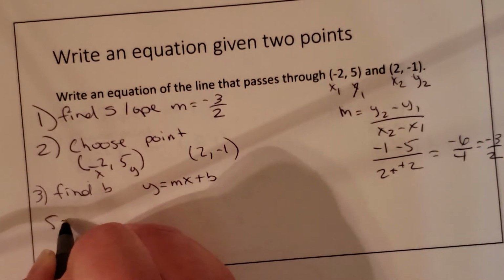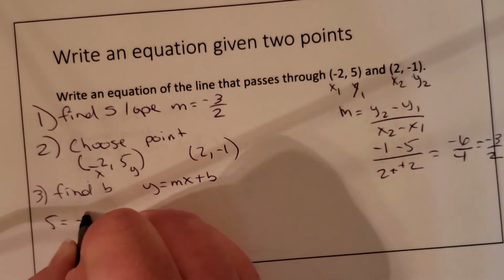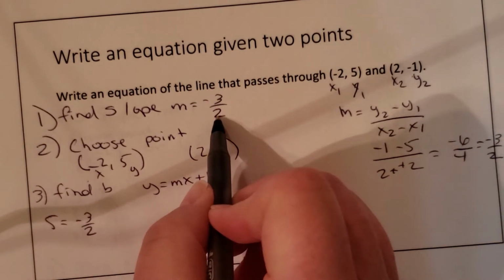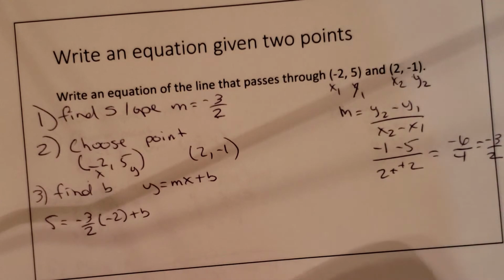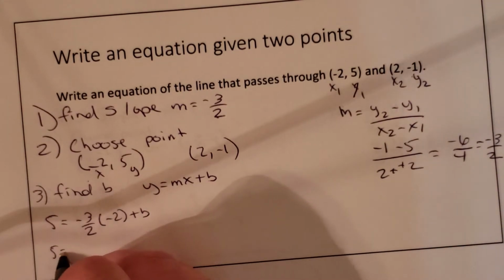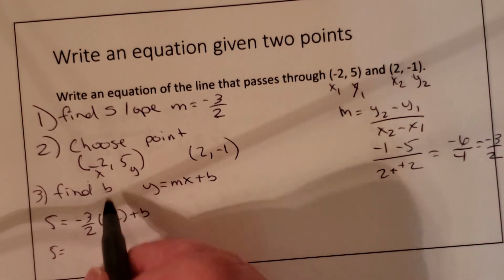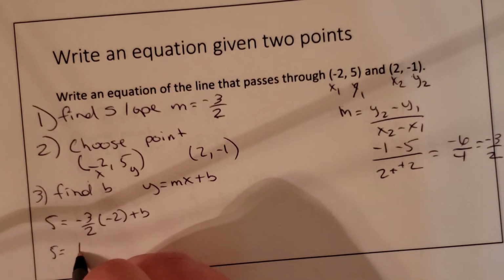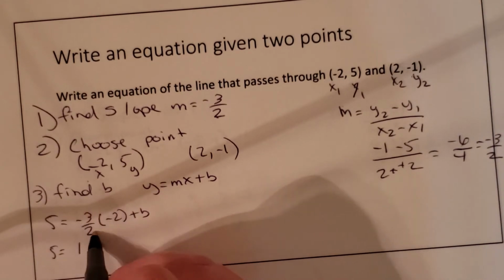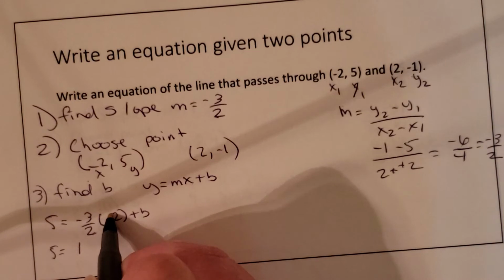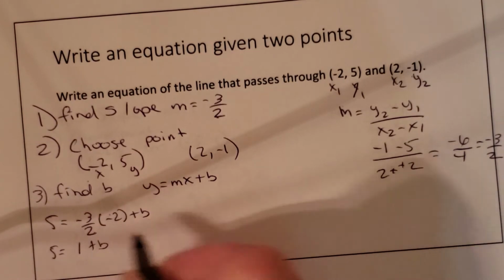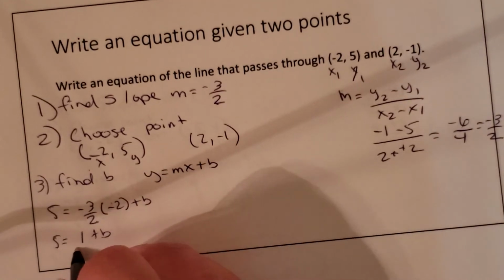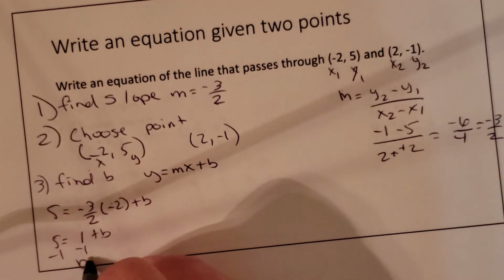So 5 equals -3 halves, because that's my m, times -2 plus b. 5 equals, this turns into a 1, because -3 halves times -2, negative times a negative is a positive, the 2's cancel. Plus b. Get b by itself. -1, b equals 4.